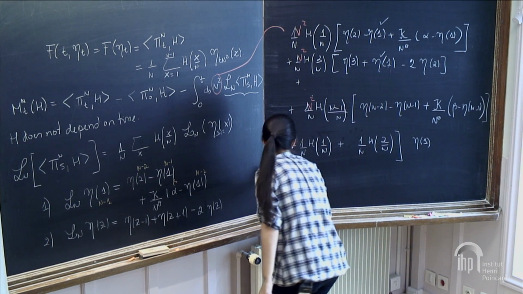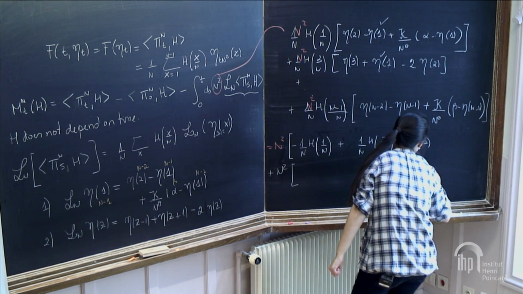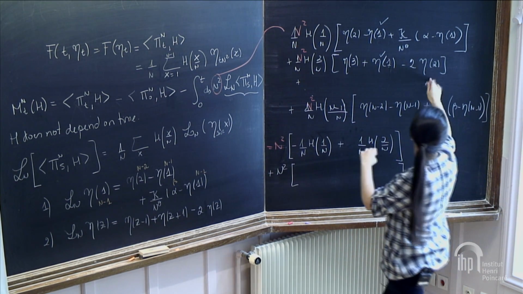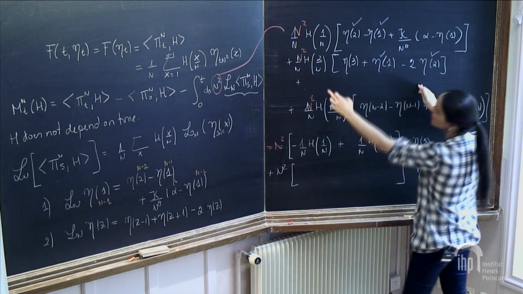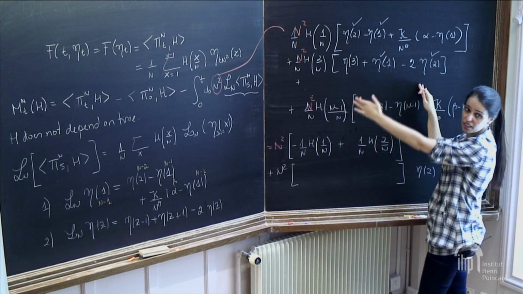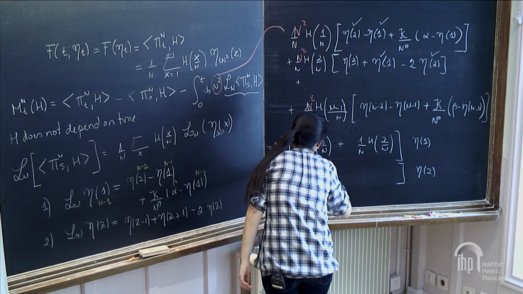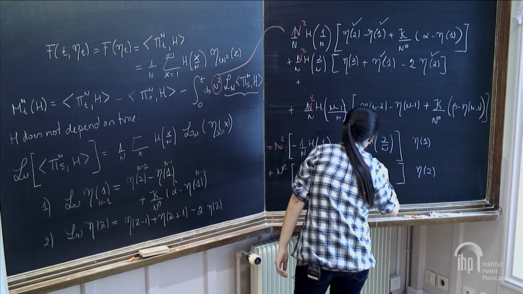So then I have plus n squared, and the guy is in eta 2. And in eta 2, there is this one, there is this one. There will be another one in the expansion for h at 3 over n. Okay? So then I will have h of 3 over n plus h at 1 over n.